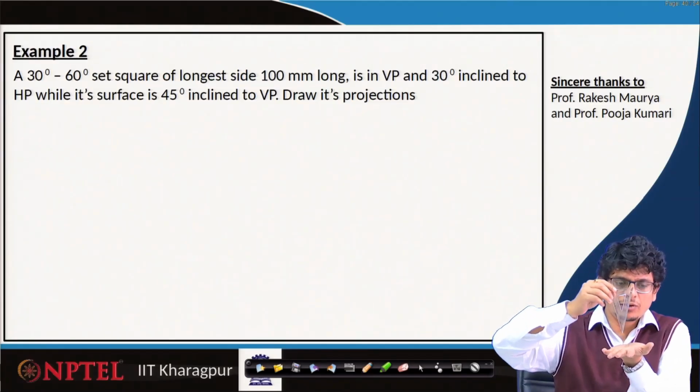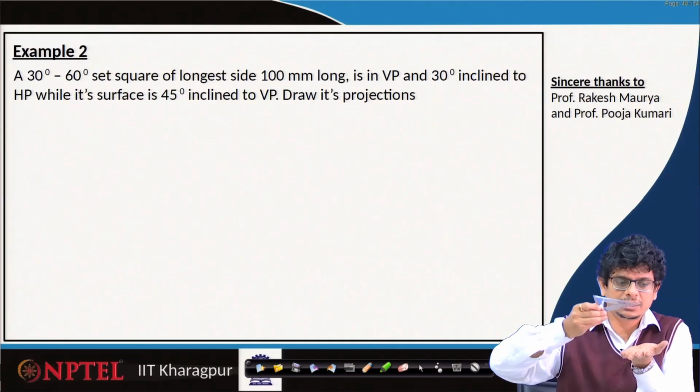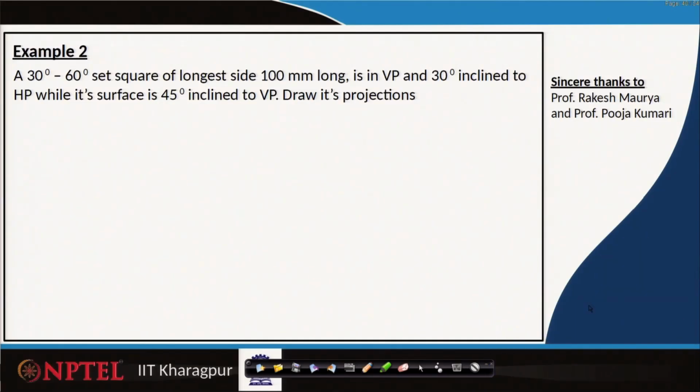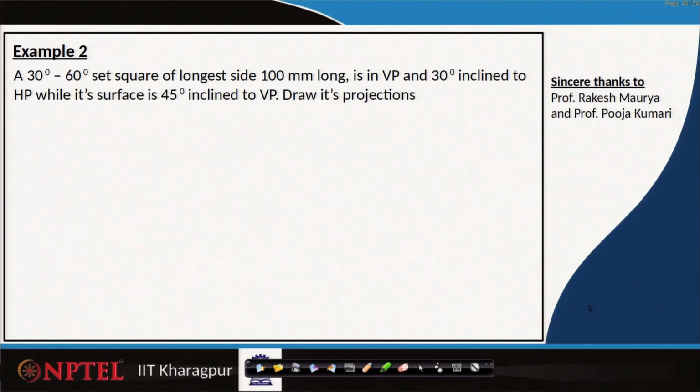For example, this is the longest set square that we can have, and this longest one is on the vertical plane. So, the longest side is in the vertical plane in this way. And the second thing is, it is 30 degrees inclined to horizontal plane.